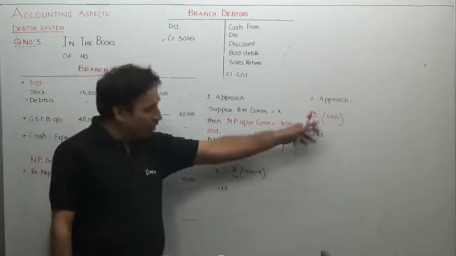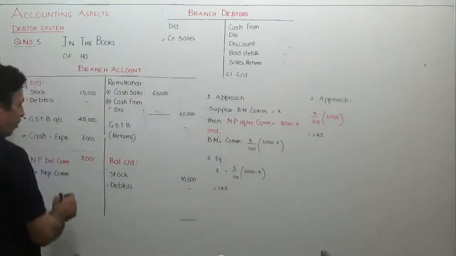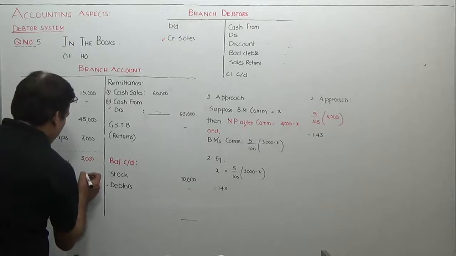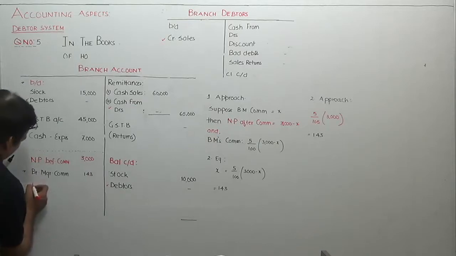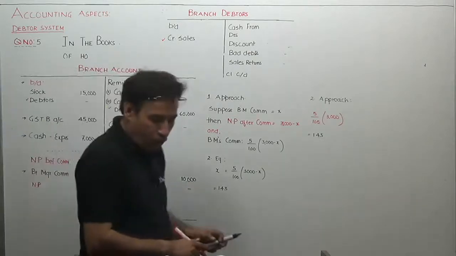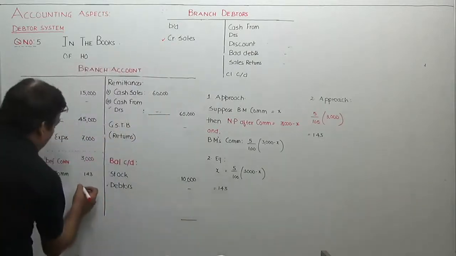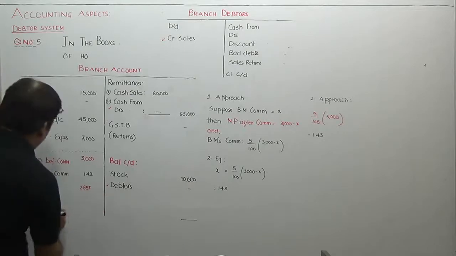So the branch manager's commission will be 143 and net profit will be 2,857.